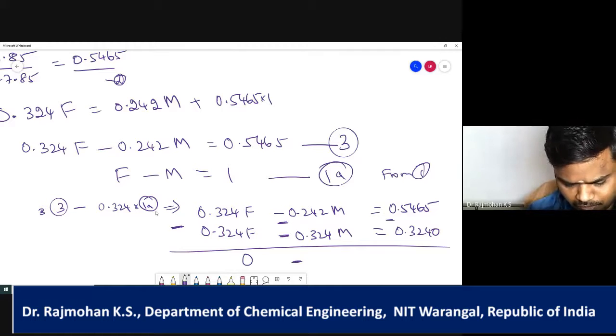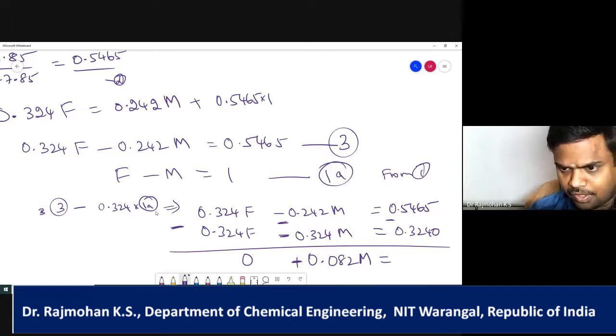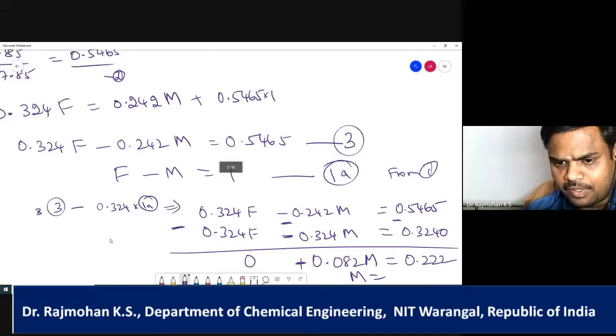So 0.324 minus 0.242 is equal to 0.082 M, equal to 0.5465 minus 0.324, equal to 0.222, which gives the value of M.